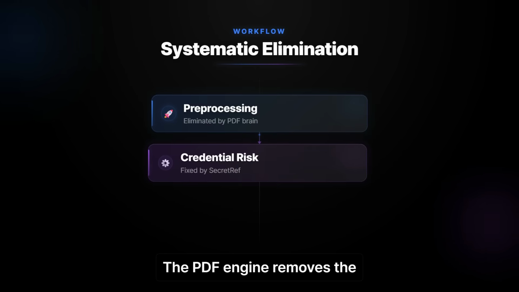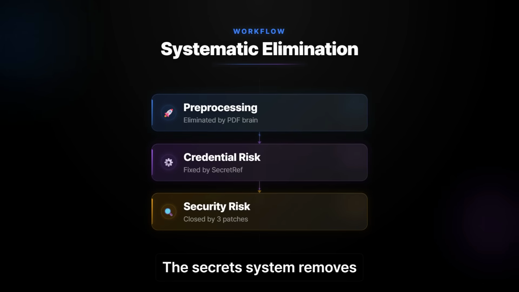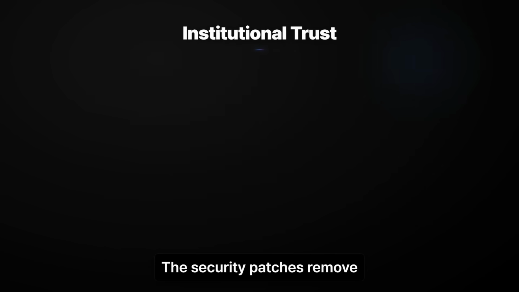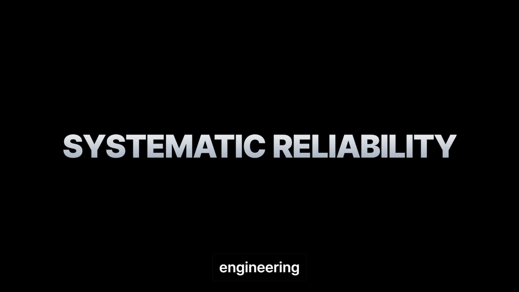The PDF engine removes the preprocessing barrier for document-heavy workflows. The secret system removes the credential management barrier for multi-service integrations. The security patches remove the risk surface that was giving corporate security teams grounds to block adoption. The audio API removes the barrier to voice-driven automation that previously required custom skill engineering.